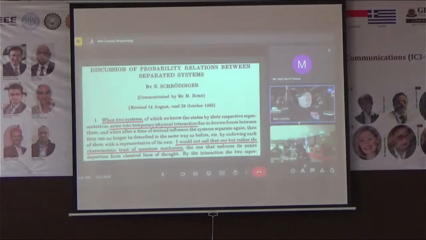But he said the most important thing about quantum mechanics is what happens if you compose two systems. Composition of systems is more aligned with the kind of thinking of your community. He said that when two systems enter into temporary physical interaction, which really means you bring two systems together, what would then happen he called not one but rather the characteristic trait of quantum mechanics.